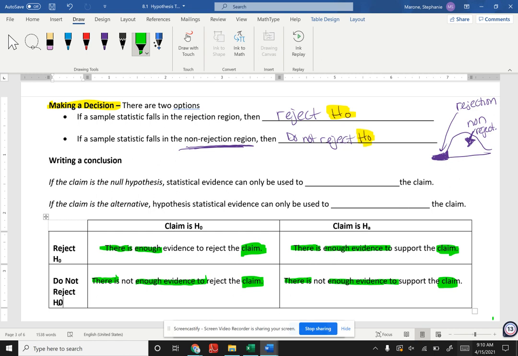So your sentence is always going to be there is or there is not enough evidence to. You're either going to have the word reject or support.